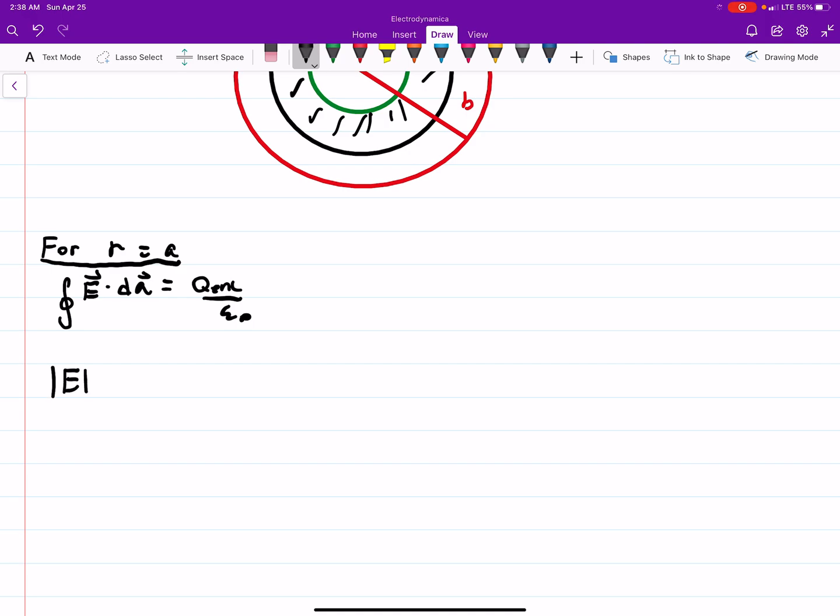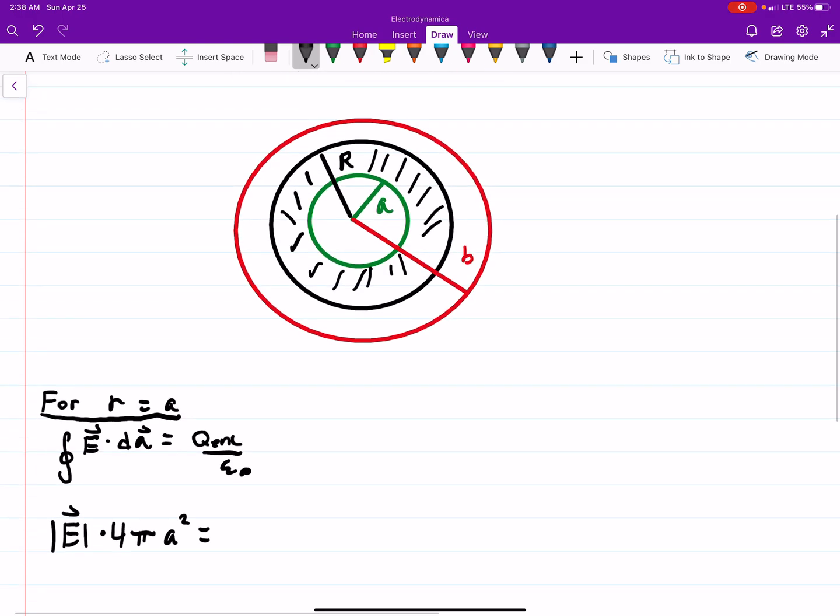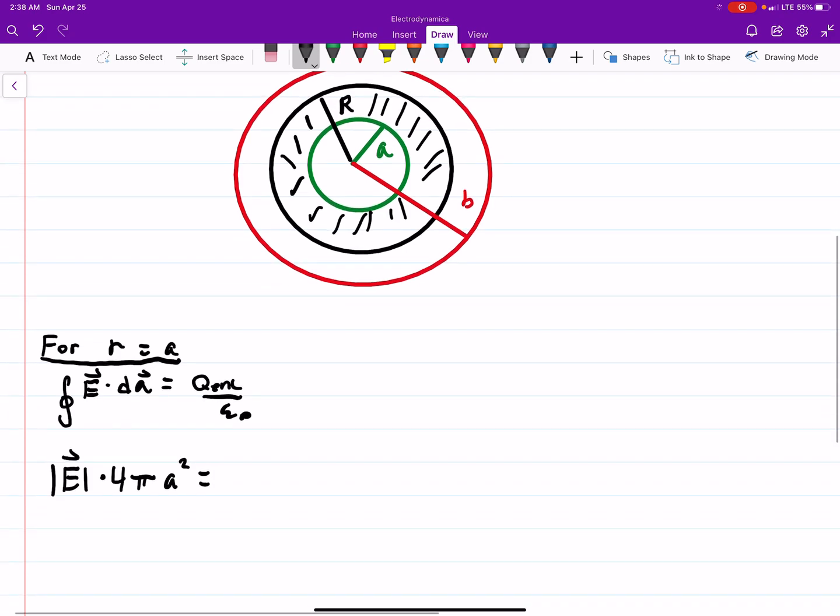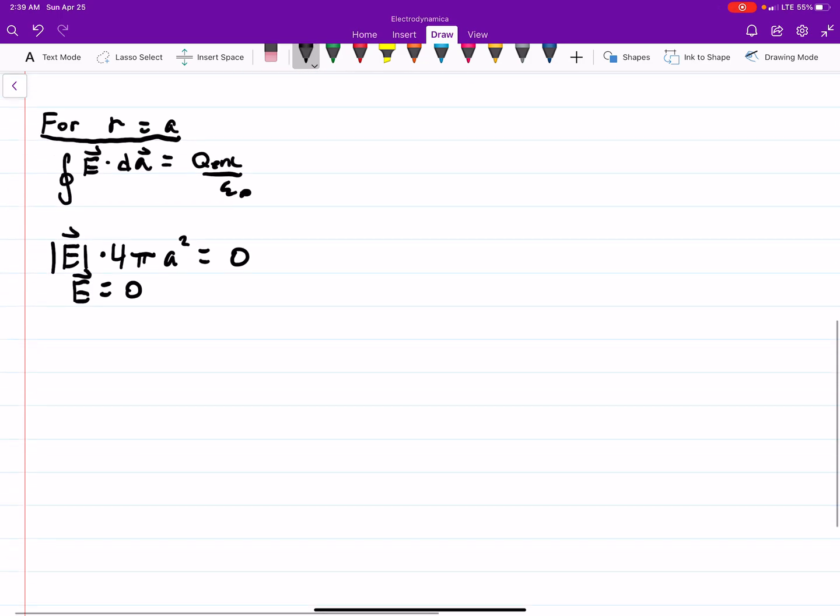We know this will be the magnitude of E times 4 pi r squared equals, well, inside the cavity there's nothing. There's no charge. The charge is past a. So it's 0. In other words, your E field is equal to 0. So there's no E field inside this cavity. So that one's actually pretty easy.